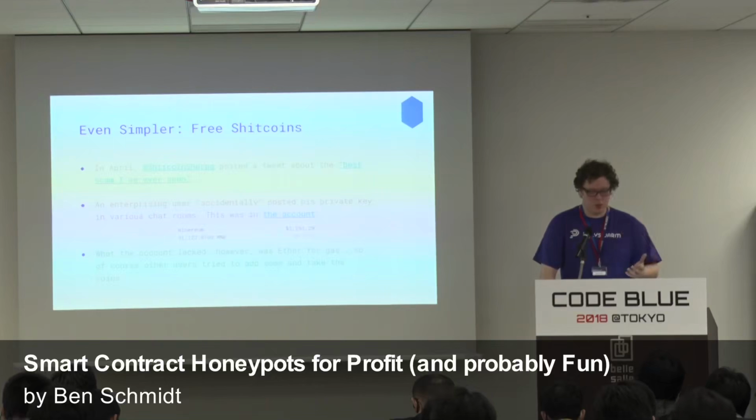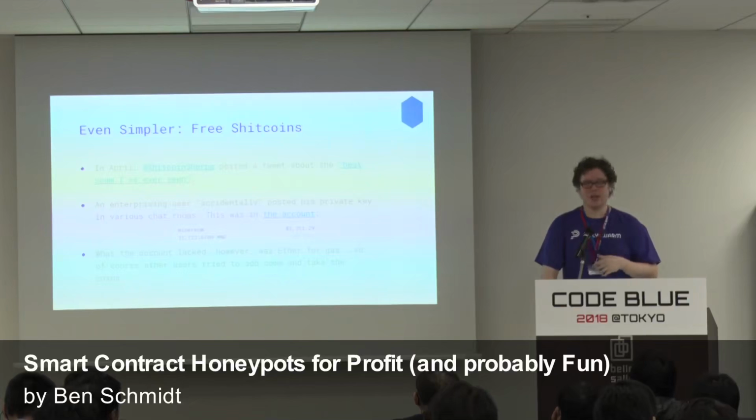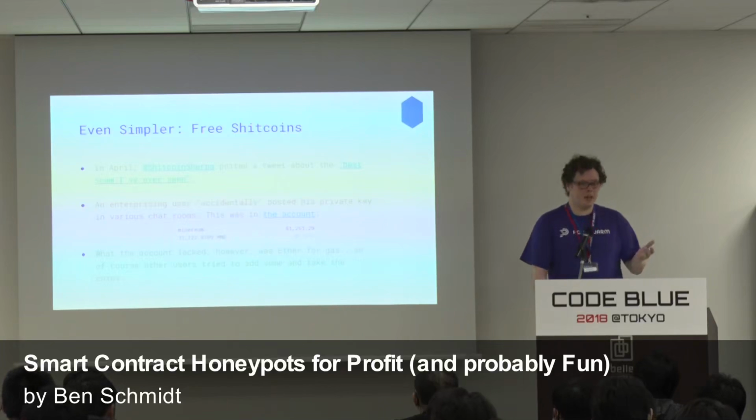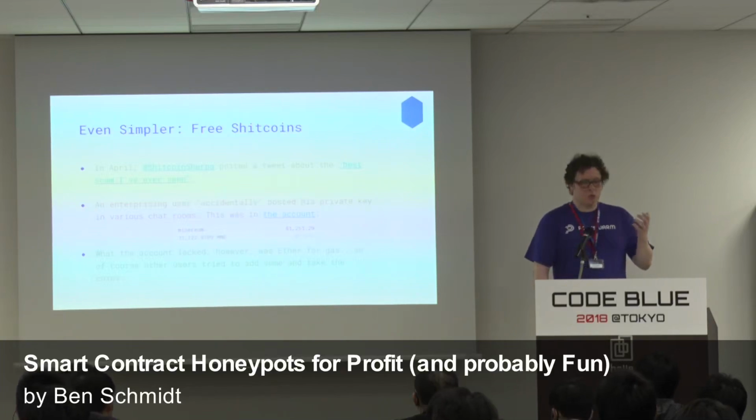The Minerium coin is a random ERC20 token, and it appeared to have, at the time, thousands of dollars of this token in this account. So in theory, someone could take that private key and then transfer those out, and they'd have free money. What the account didn't have, though, was Ether.